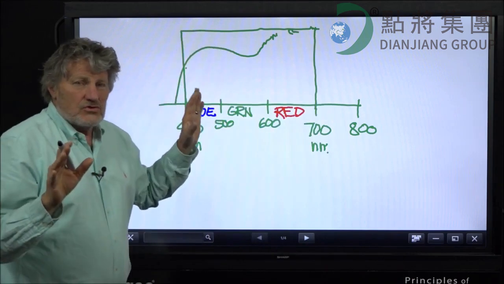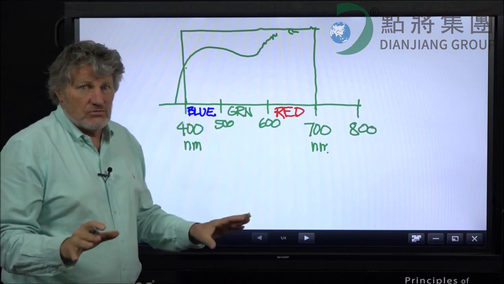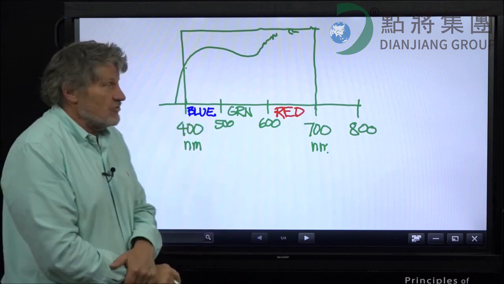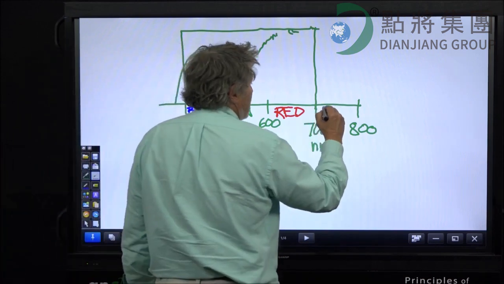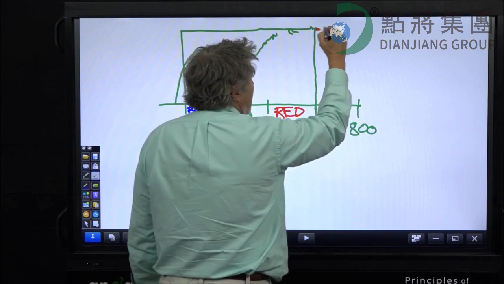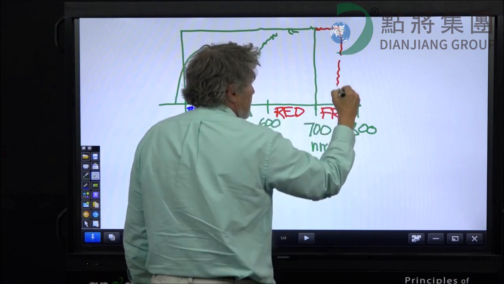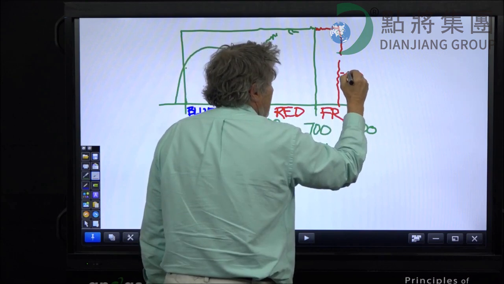But the issue here is not so much plant growth, but plant shape. Plant shape is what we can manipulate with colors of light. And now we have to add in the far red out here, and that's generally up to 750 nanometers.